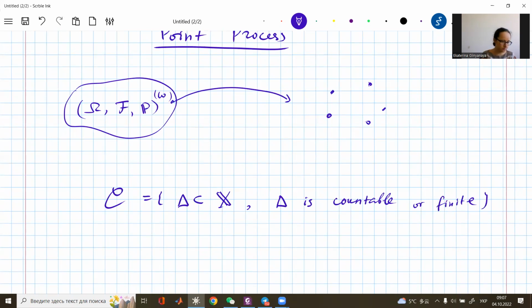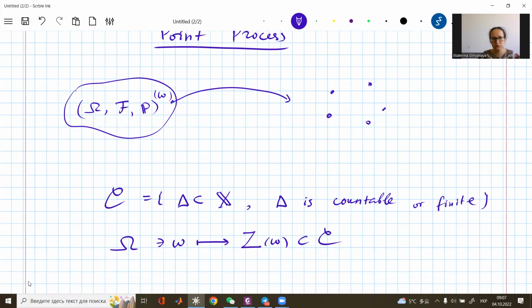And on the first step, of course, anyone can take omega and put into correspondence some element in this space C. But how can we be sure that this mapping is measurable?